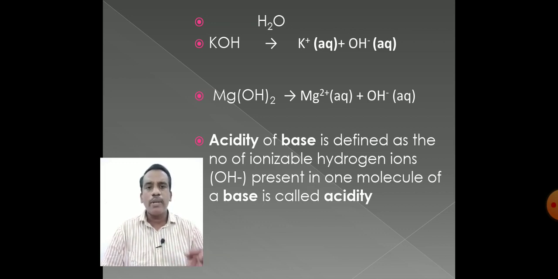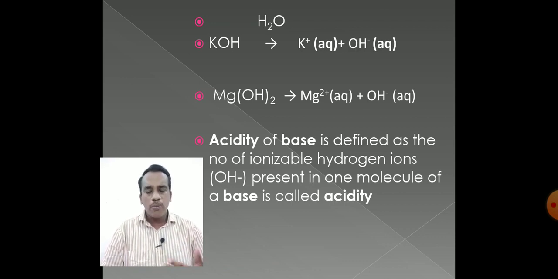So what is meant by the acidity of a base? Please observe there. Acidity of a base is defined as the number of ionizable hydroxide ions present in one molecule of a base. See, there is a word correction here. It's not hydrogen ions. It is hydroxide ions present in one molecule of a base.